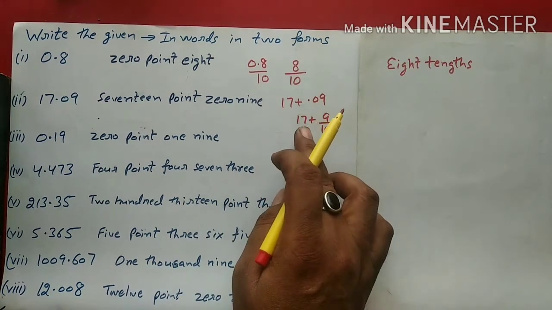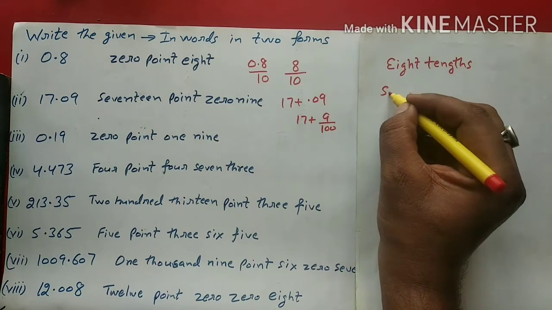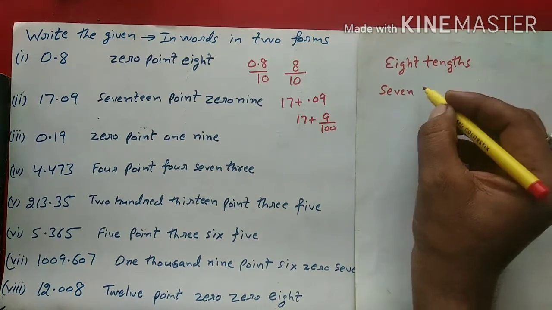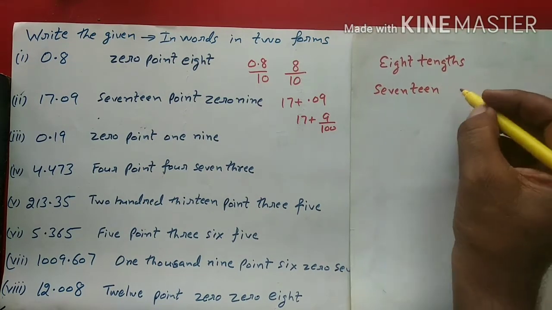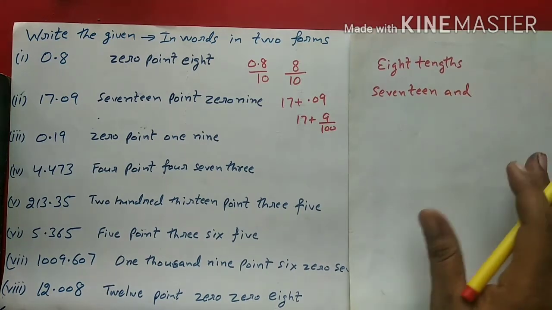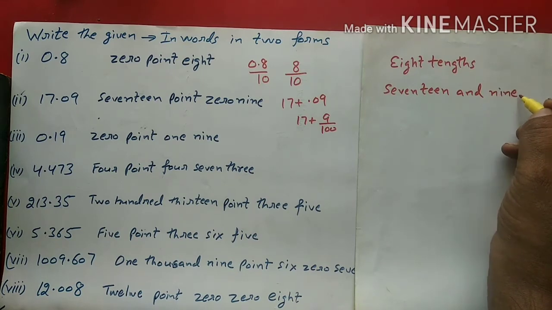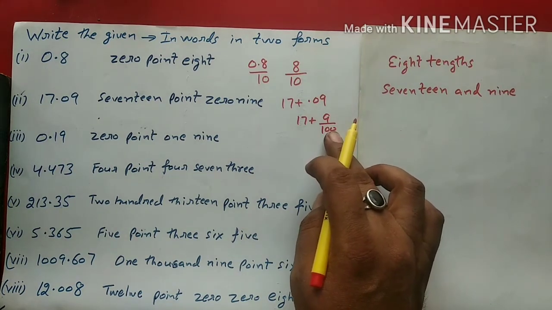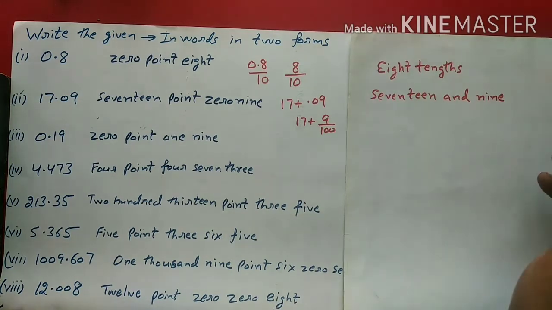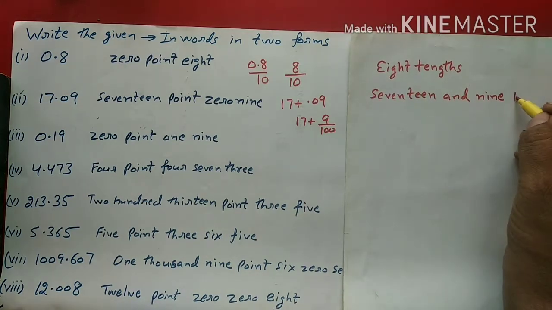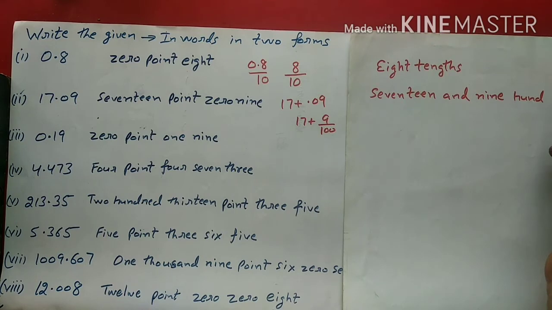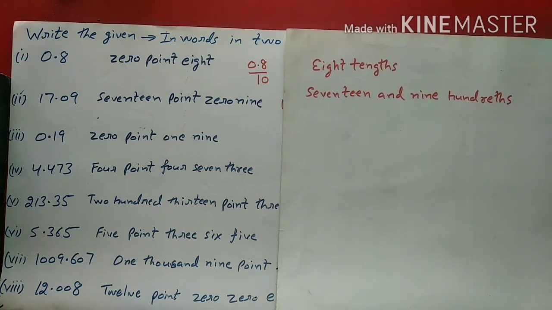So this can be written as 17 and 9 over 100, but I will write hundredths. Okay student, so I will write it 17 and 9 hundredths.